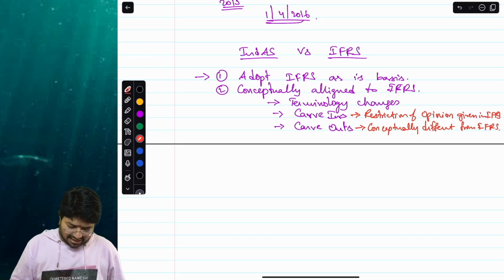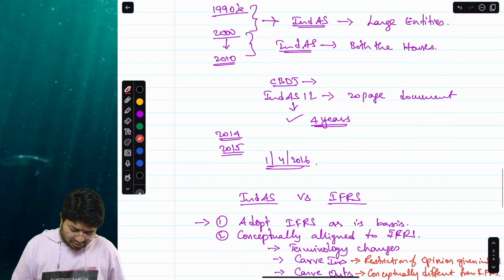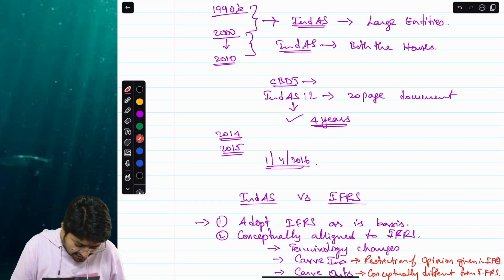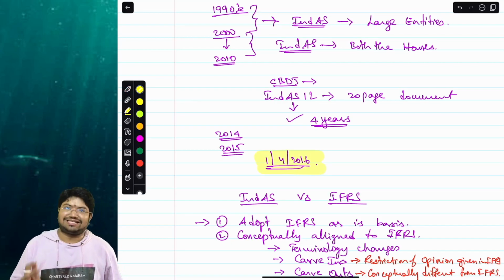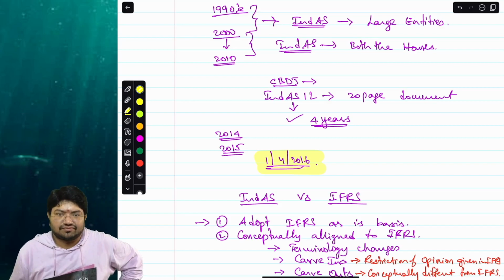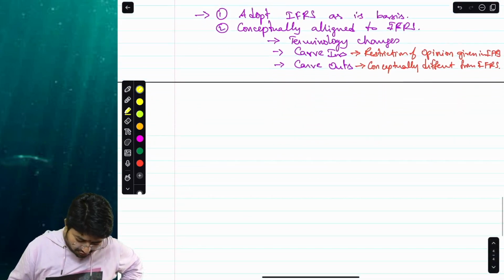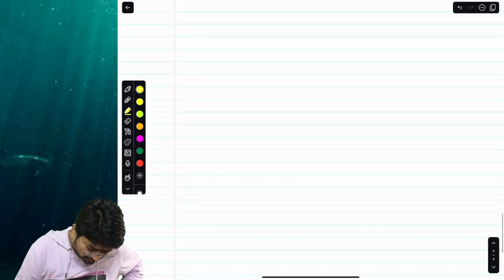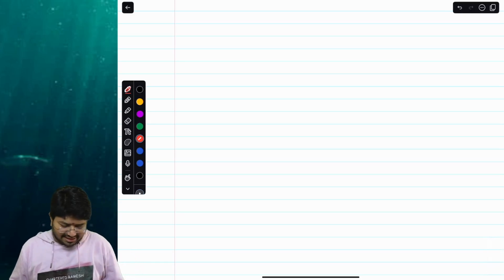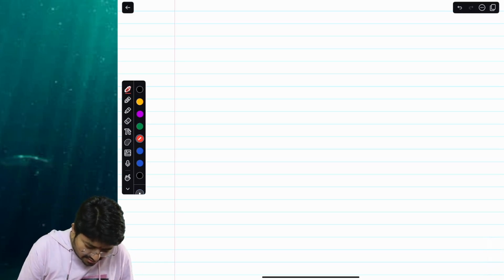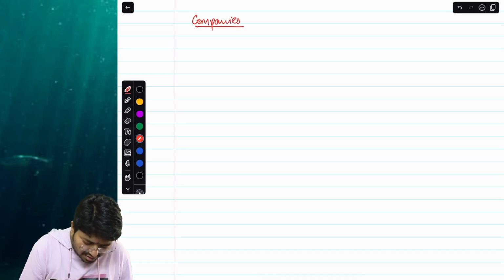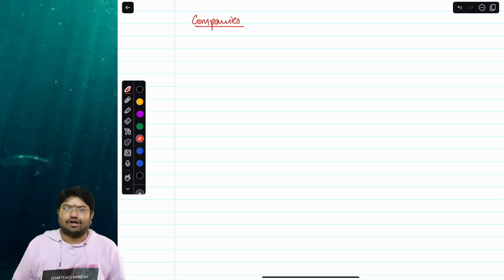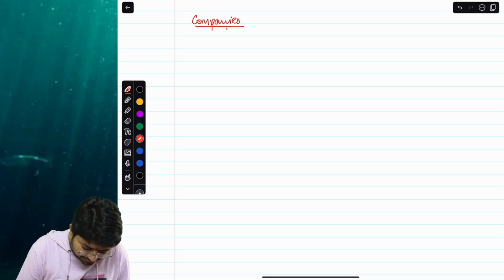Okay. Now, having said about this, let's go through the implementation phases, what has happened from 1/4/2016 till date. For that, to make you understand, you should understand that companies to which Ind AS is to be adopted are broadly categorized into three.